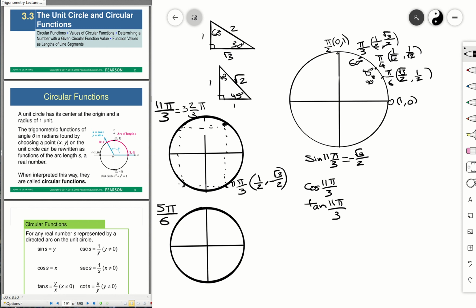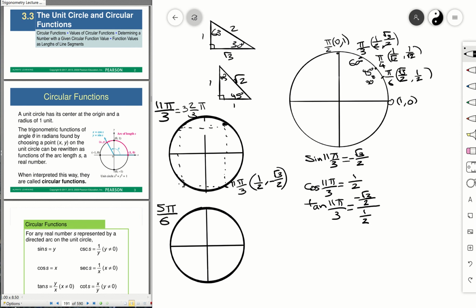The cosine is going to be the x value. So that's going to be 1/2. And for the tangent, all we have to do is divide the sine by the cosine, or y over x. So we're going to get negative square root of 3 over 2, over 1/2.